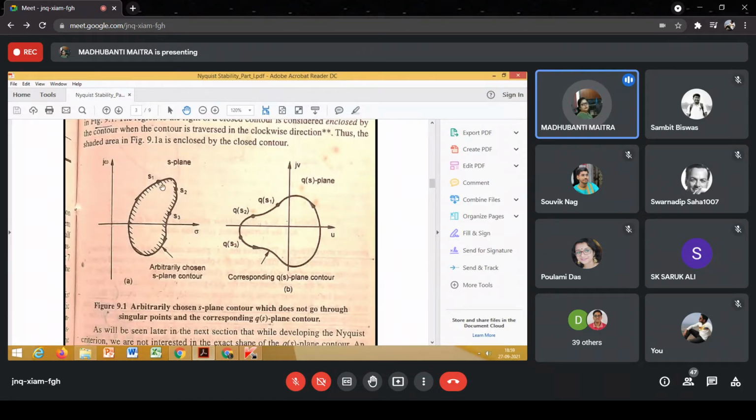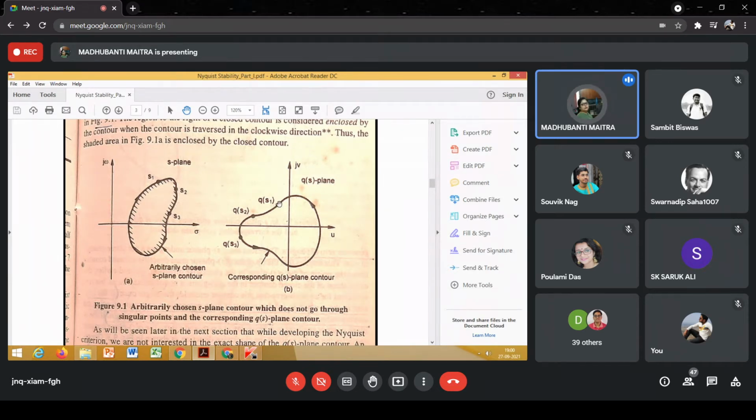For S1, since the contour doesn't pass through any singular point for the given QS, on the QS plane we'll get a point QS1. For S2, we'll get a point QS2. For S3, QS3. For S4, QS4. And finally, since the last point is again S1, we'll get QS1.